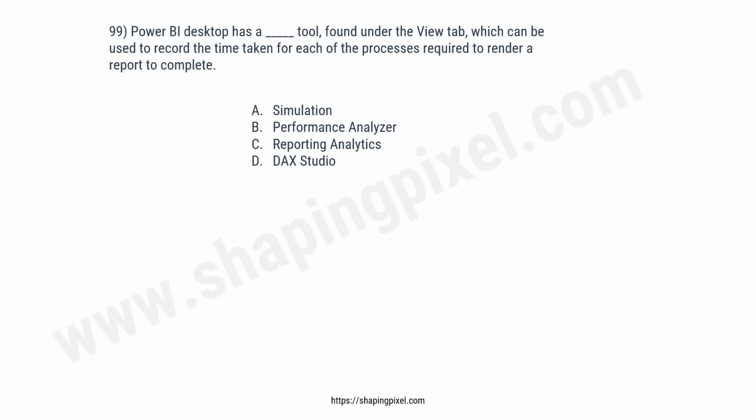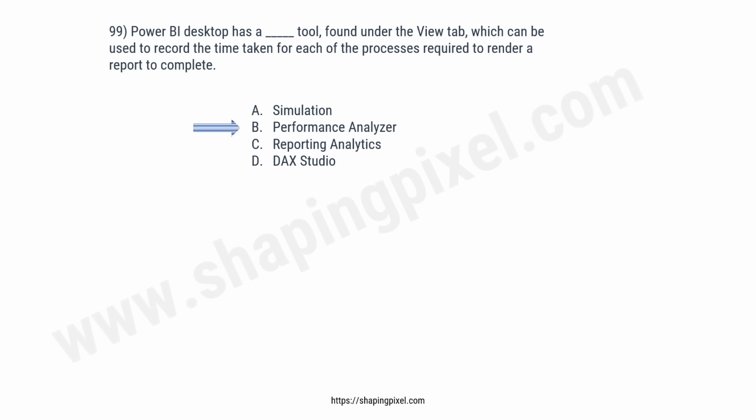Question number 99. Power BI Desktop has a dash tool found under the View tab, which can be used to record the time taken for each of the processes required to render a report to complete. And we have four options: simulation, performance analyzer, reporting analytics, DAX Studio.